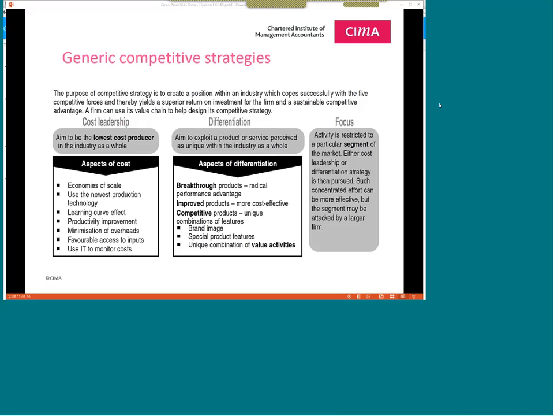Why differentiation? I saw somewhere. What do you try to achieve? Delight customers. If we go back to the mission, what was the mission of the organization?